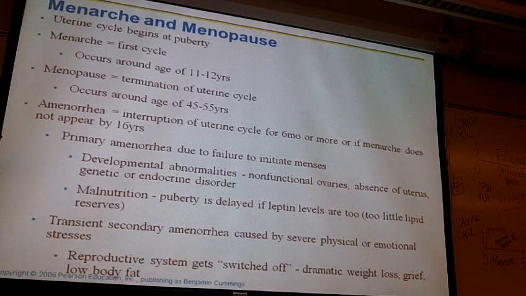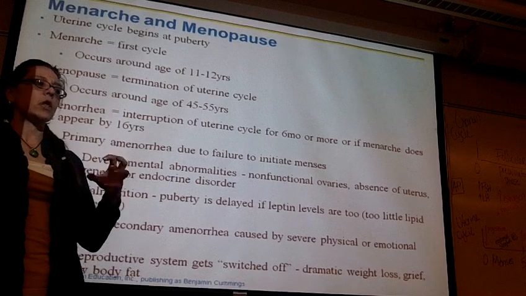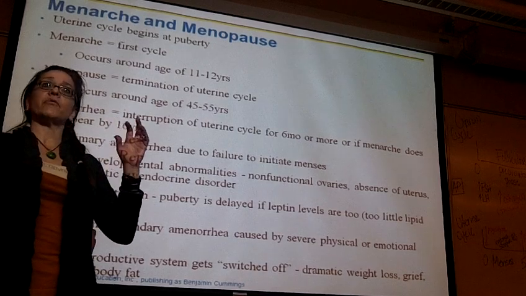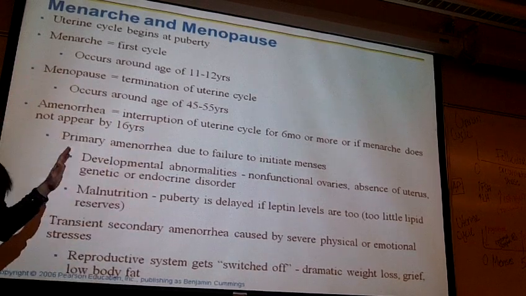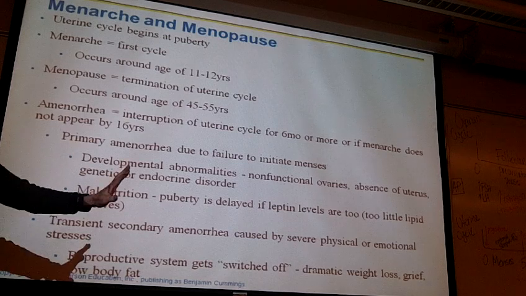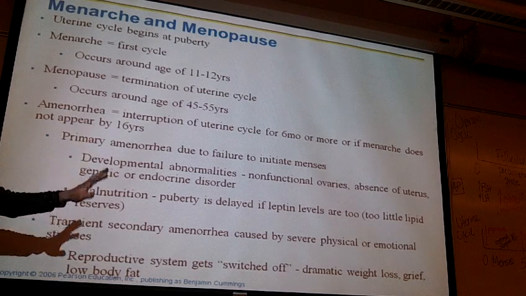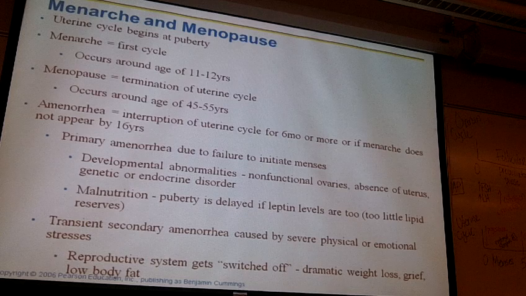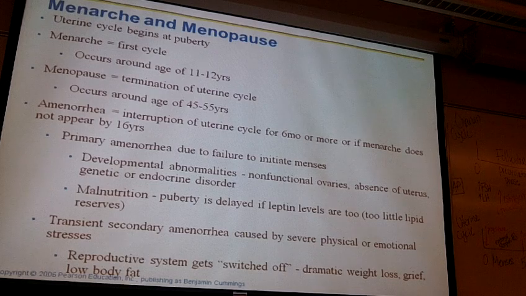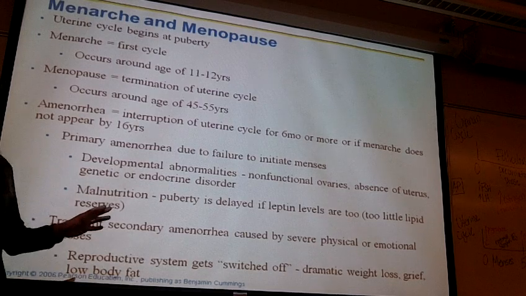On the flip side, if you have girls that are athletes, you see this in gymnasts a lot, if you have girls that have a very low percentage of body fat, they can start puberty much later. They will not start their cycle until much later. And it's, again, the brain saying there's not enough energy reserves in this body, not enough adipose tissue to support a pregnancy.